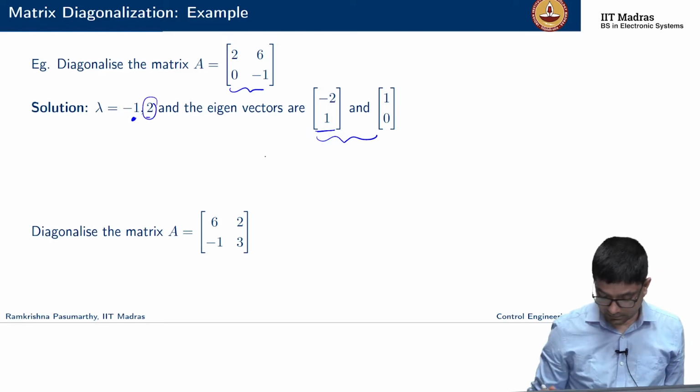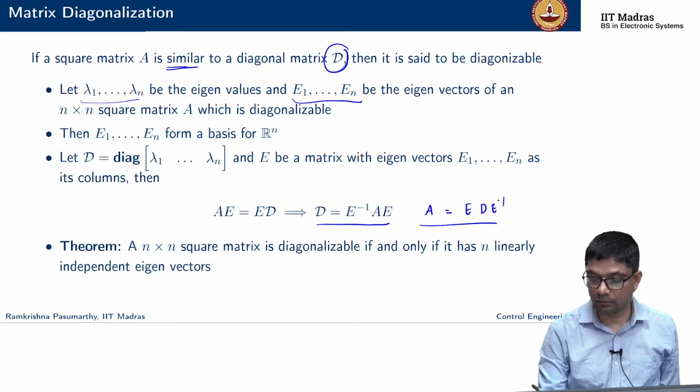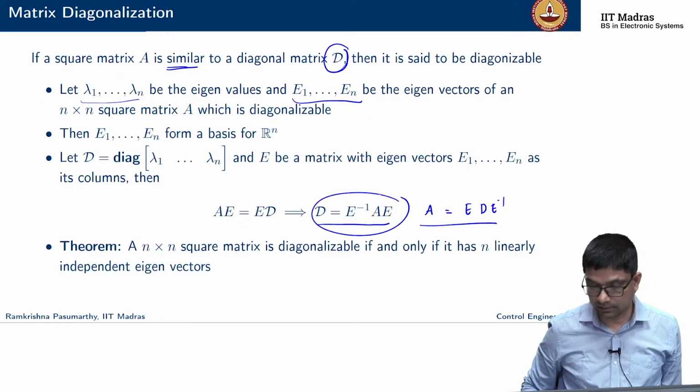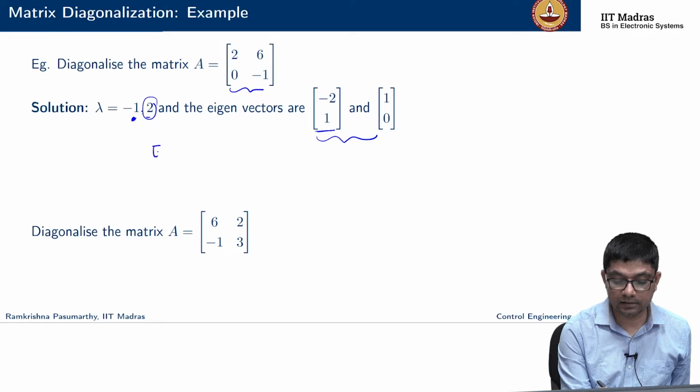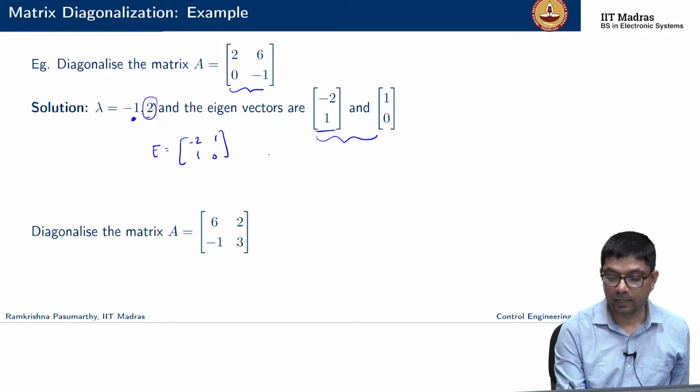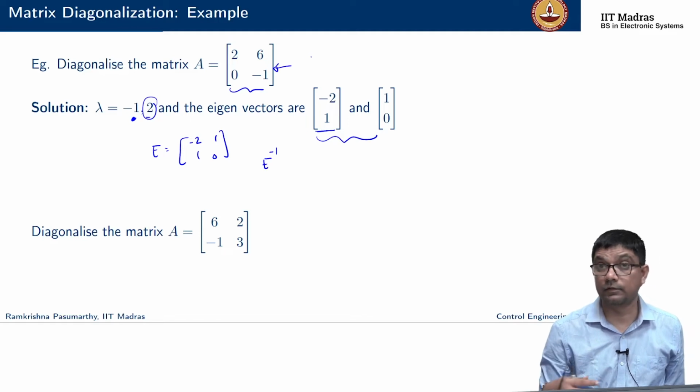So what I do is I just go back to this formula. So I construct the E matrix. E matrix is now the stack of both the eigenvectors, okay, and I can compute the inverse, and the inverse will always exist because these two vectors are linearly independent.